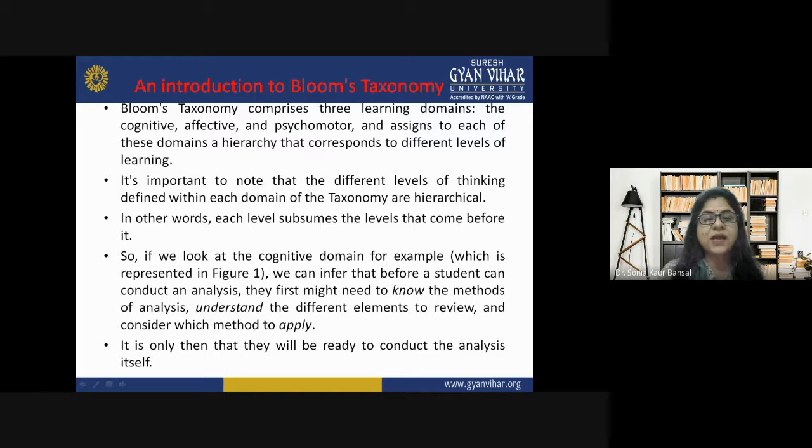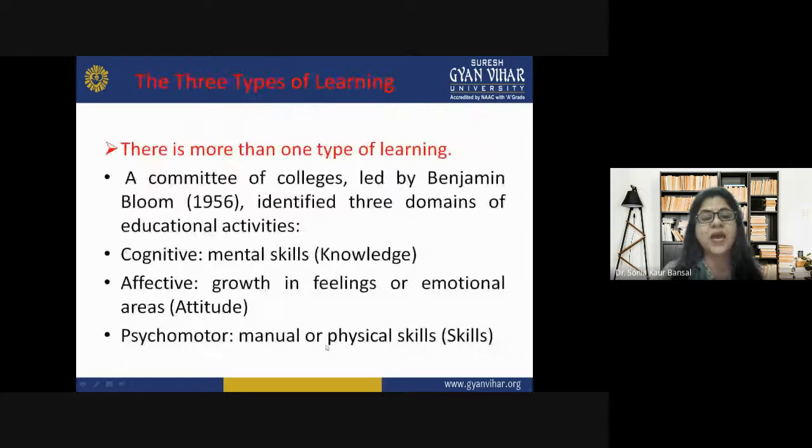So, let's understand, students, that Bloom's taxonomy has three types of learning, and there is more than one type of learning. A committee of college examiners led by Benjamin S. Bloom identified three domains of educational objectives. First is cognitive, which is related to mental skills and, most importantly, knowledge.